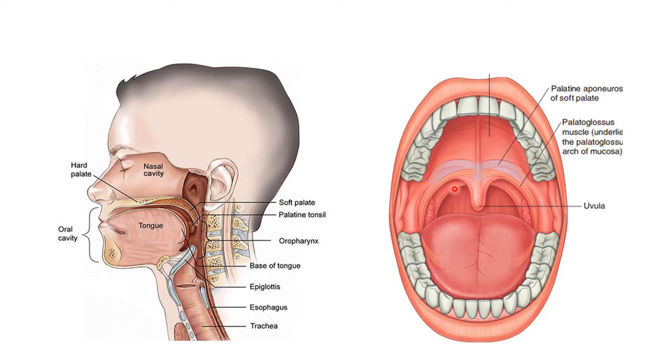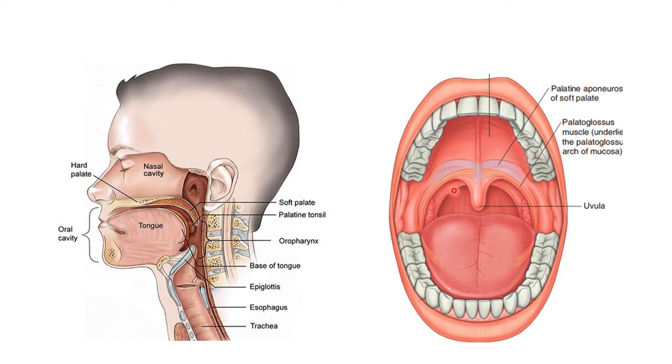This one, the posterior fold, merges inferiorly with the lateral wall of the pharynx and is known as the palatopharyngeal fold. The palatopharyngeal fold contains the palatopharyngeus muscle.